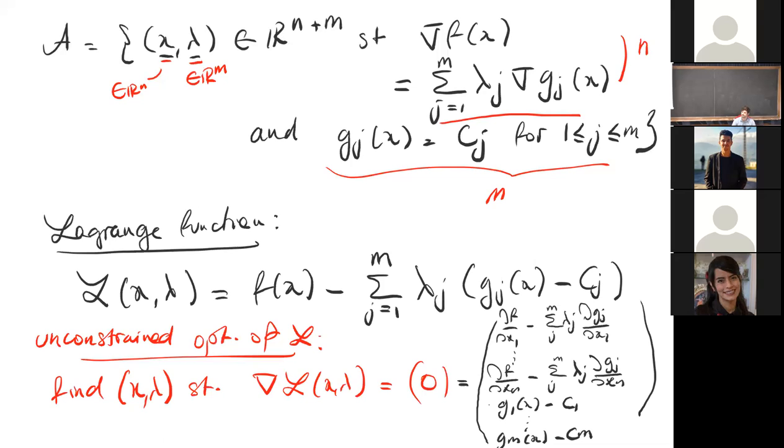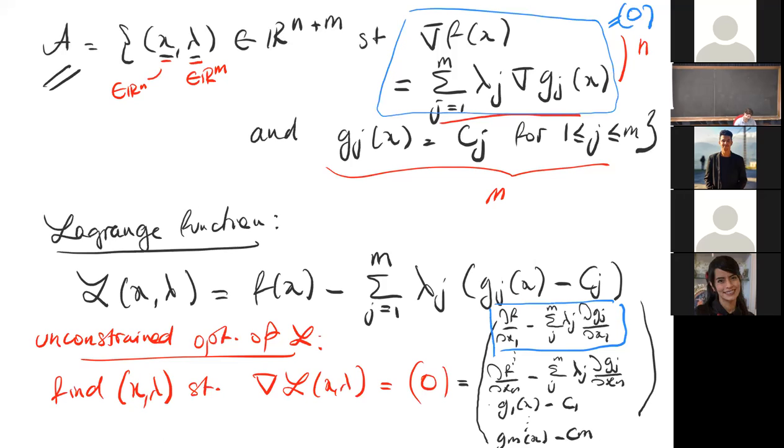Is it clear? Because it was not for me, so is it clear? And you see that if you equate that to 0, this is exactly the definition of this set. The first equation here is the first component of this equation. You agree? The first component of this thing being equal to 0 is the same as this being equal to 0.